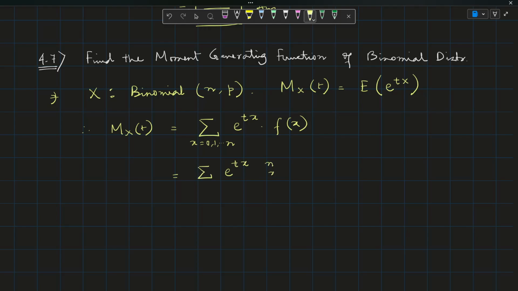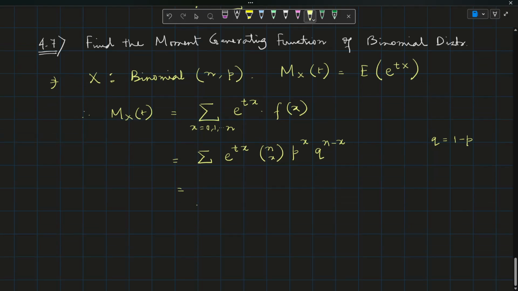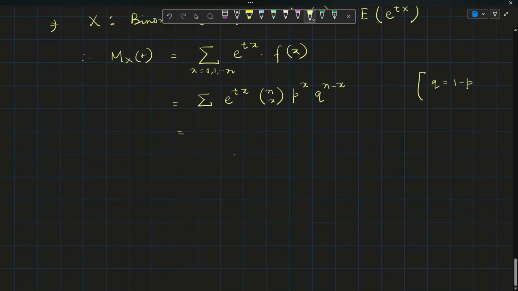So this is same as e to the power tx, and we are writing f(x) for a binomial distribution, which is nCx p to the power x and q to the power n minus x, where q is 1 minus p. So this can be written as we will take the nCx in the beginning, e to the power t whole to the power x and q to the power n minus x.